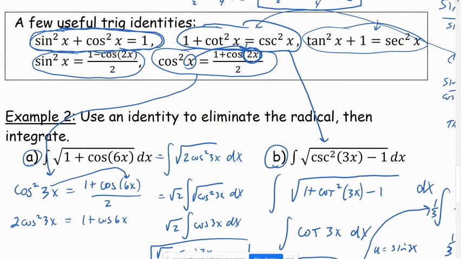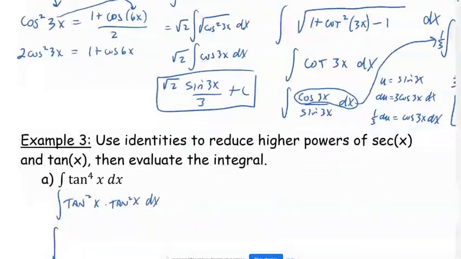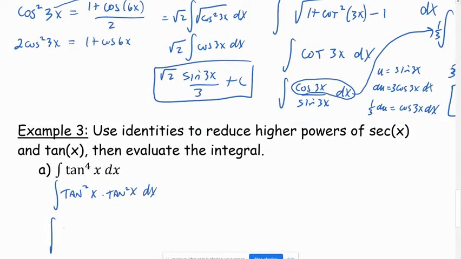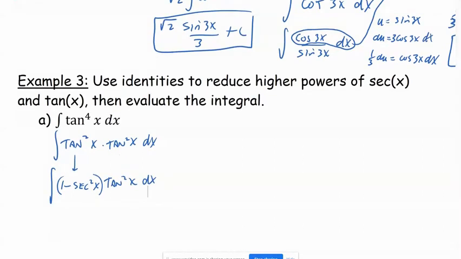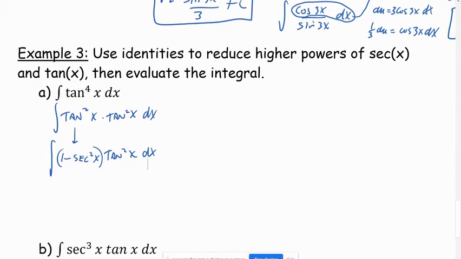Tangent squared plus 1 equals secant squared. So this tangent is going to get replaced by 1 minus secant squared. This one's going to stay here. And you'll see why we want to keep that tangent squared there in just a minute.